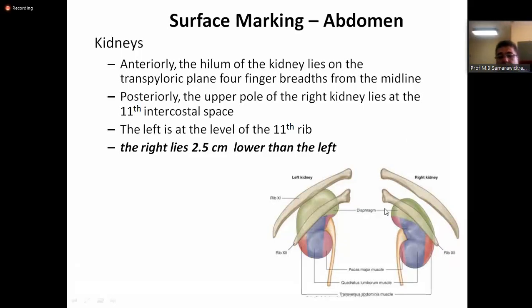Sorry, the right one lies a little lower than the left one because of the presence of the liver. Right, so posteriorly the upper pole of the right kidney lies at the 11th intercostal space, you can see, whereas the left kidney, the upper pole lies at the level of the 11th rib. Right, so the right one lies 2.5 centimeters lower than the left side.